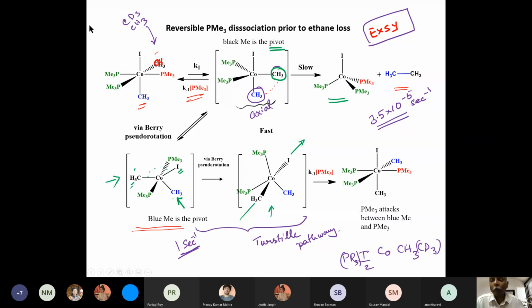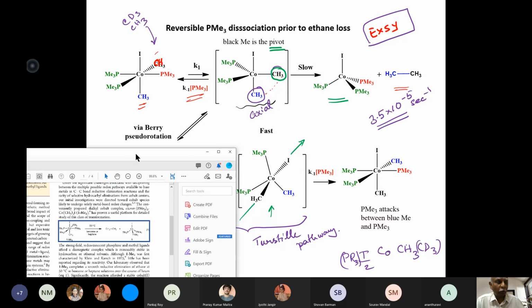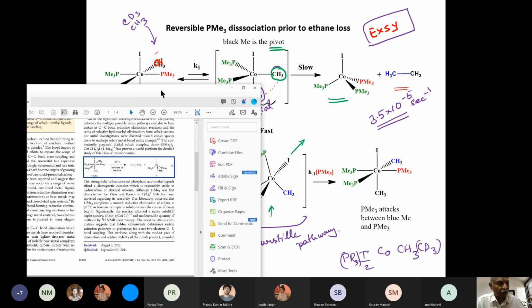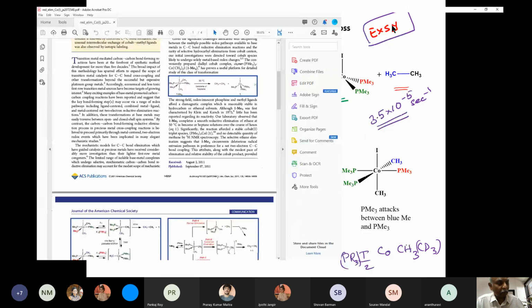But if it was going through some intermolecular pathway, you would get CH3, CD3, CH3, CH3, and CD3, CD3. And surprisingly, they found that the 5-coordinate intermediate could interchange.